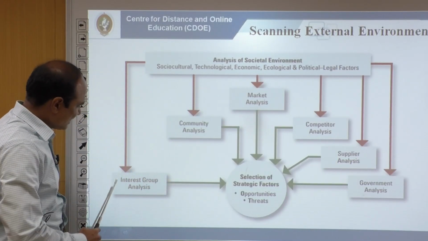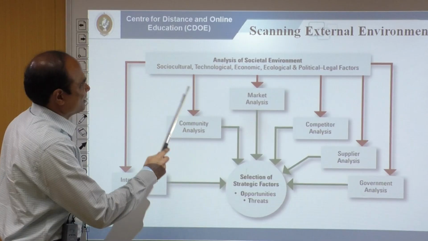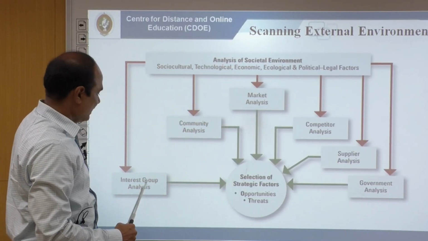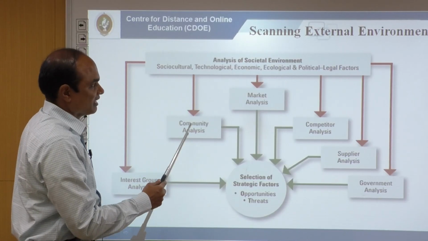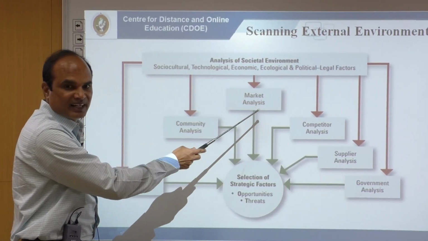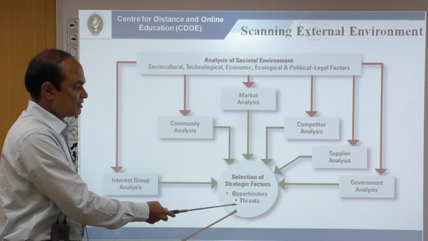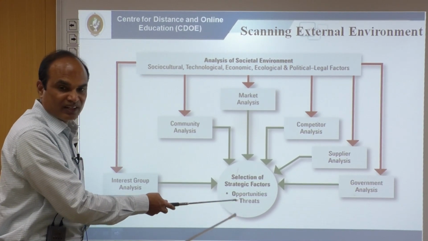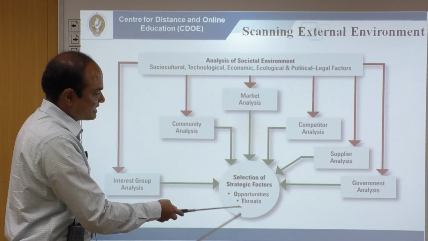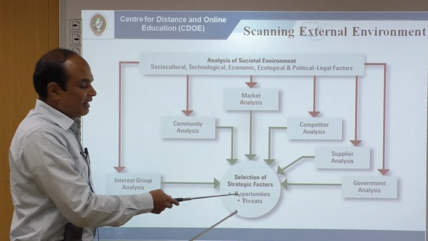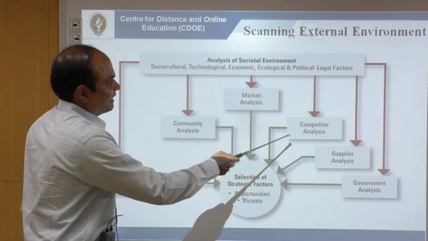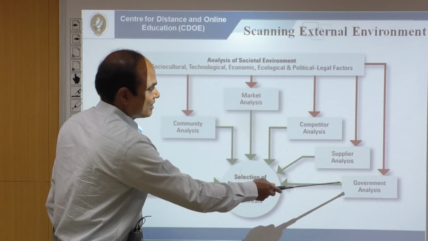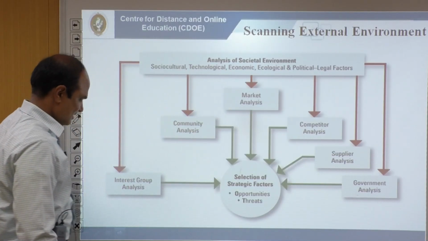These factors lead to the interest group analysis, the community analysis, the market analysis, then the selection of strategic factors, that is opportunities and threats, which is what the company intends to achieve through environmental scanning. Then the competitor analysis, the supplier analysis, and the government analysis.